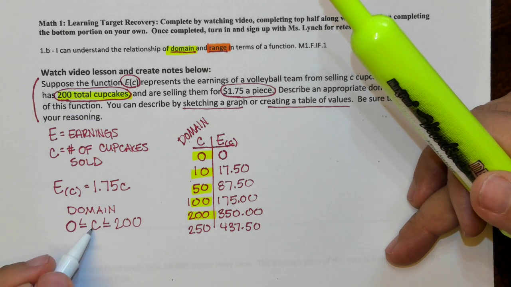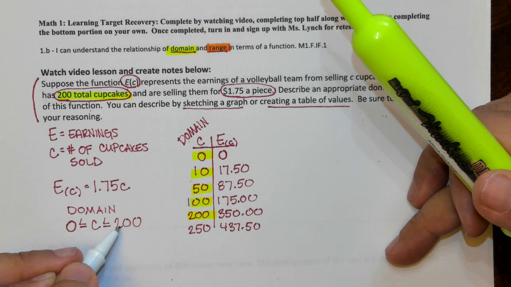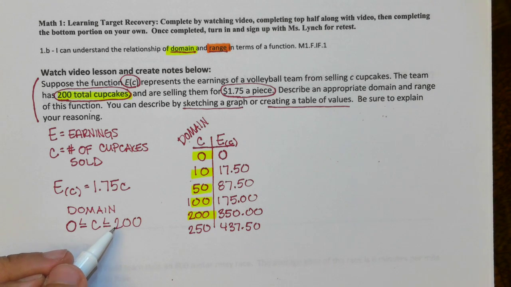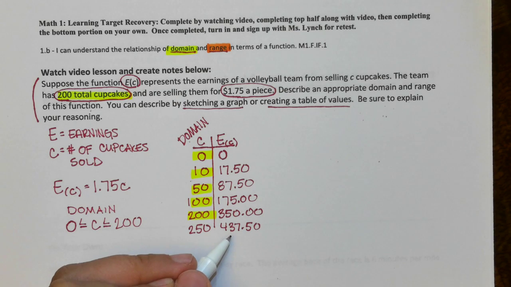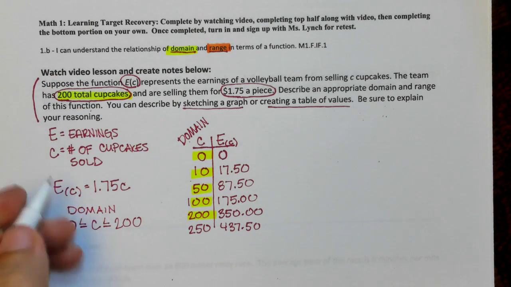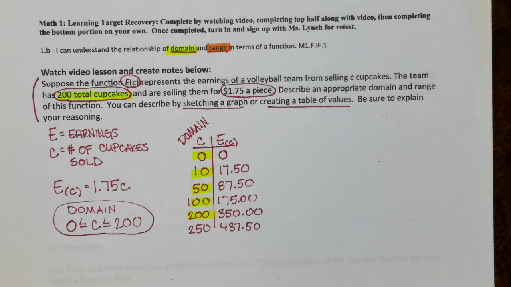And what that's saying is the number of cupcakes that I'm going to sell has to be greater than or equal to 0, but it has to be less than or equal to 200. Okay? I can't sell 201 cupcakes because I don't have 201 cupcakes. Now I can do the math and I can figure out how much I would make if I had 250 cupcakes, but I don't. I only have 0 through 200. So the domain for this situation is only to 200.